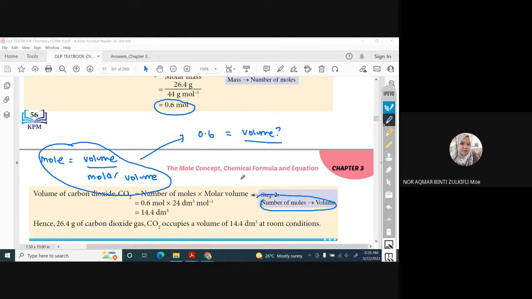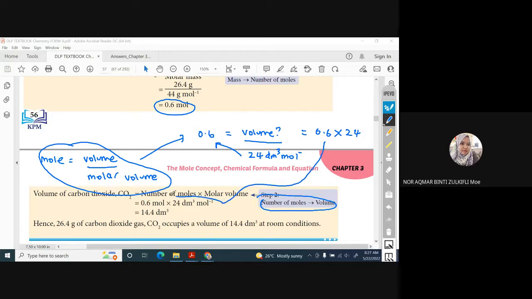Molar volume is given to you, at room conditions it is 24 dm cube per mole. So when you have it like this, make sure you go up here. So volume equal to 0.6 times 24.